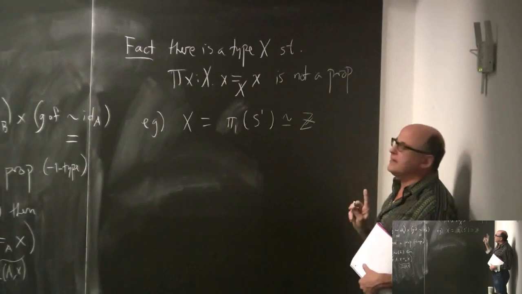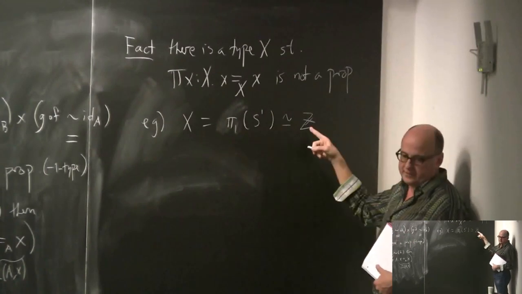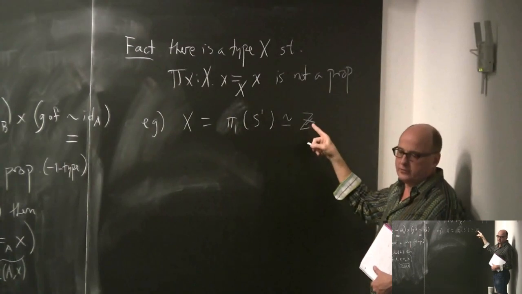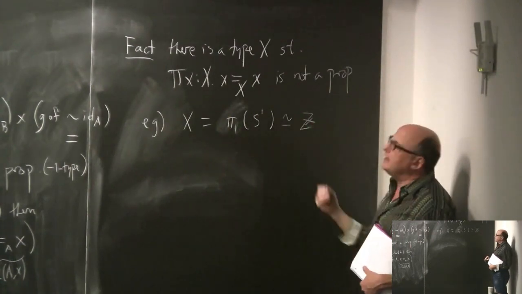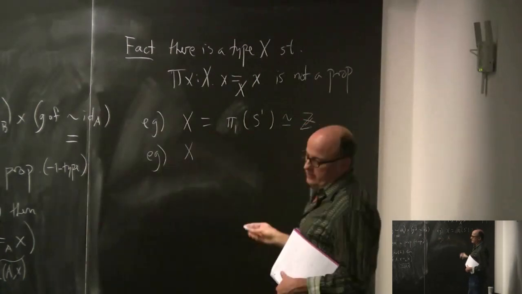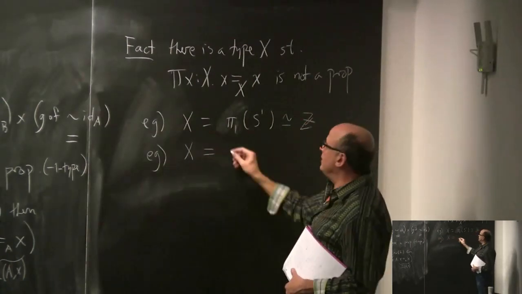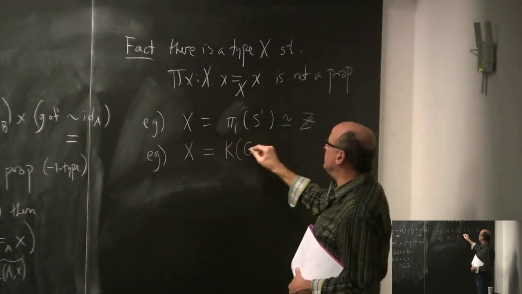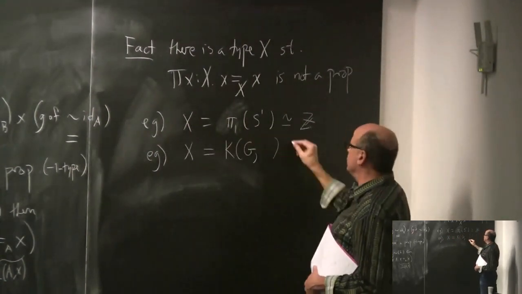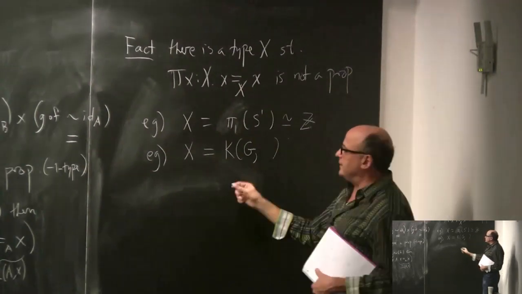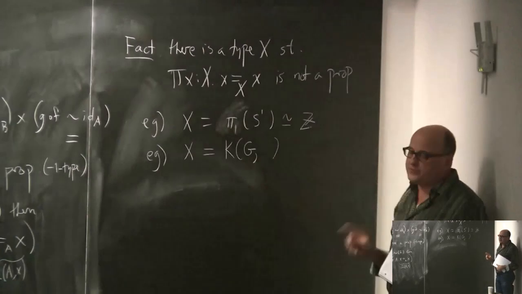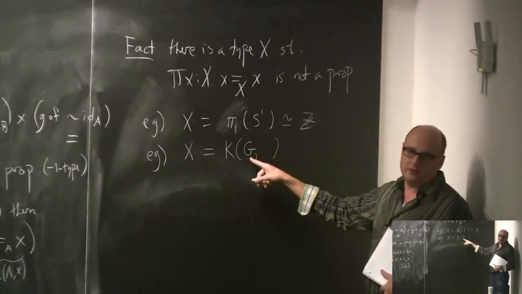And so this is not a prop. This is a set. Z is the group of integers. Another version of it, you can actually go completely crazy. There's a theorem which says you can make this be KG1 or something, which is a construction that says I can construct a space whose fundamental group is any group that I want it to be.